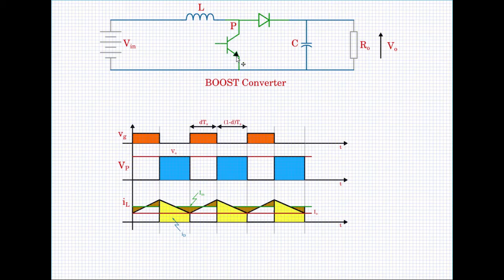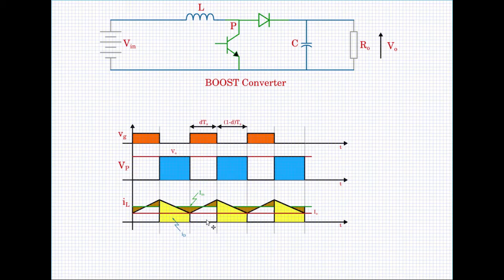So the BJT has to be rated for this peak current here, which is IN plus delta I by 2. Likewise the diode, and the output average current I naught is a spec given to you, and it is actually the average value of the yellow portion of the waveform.